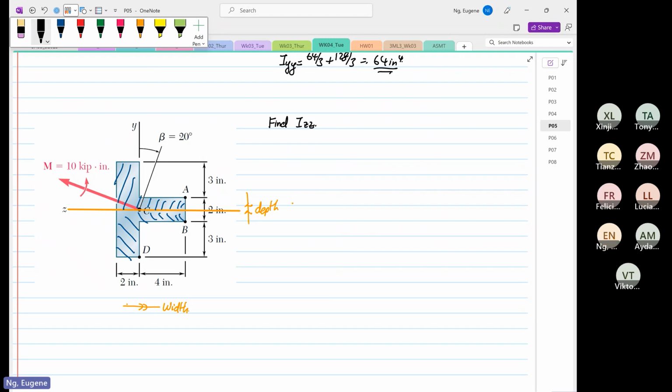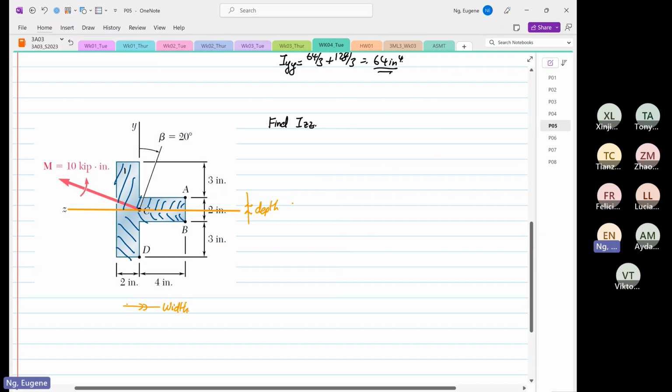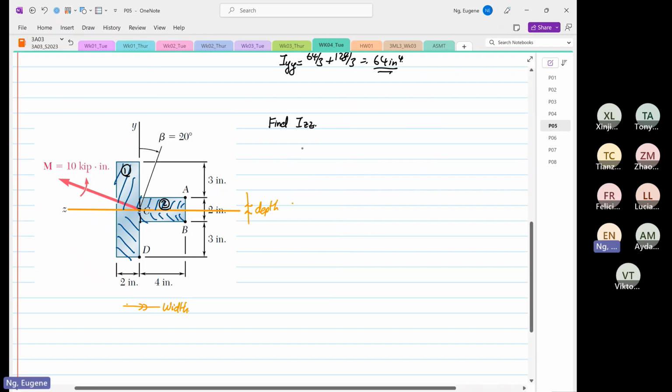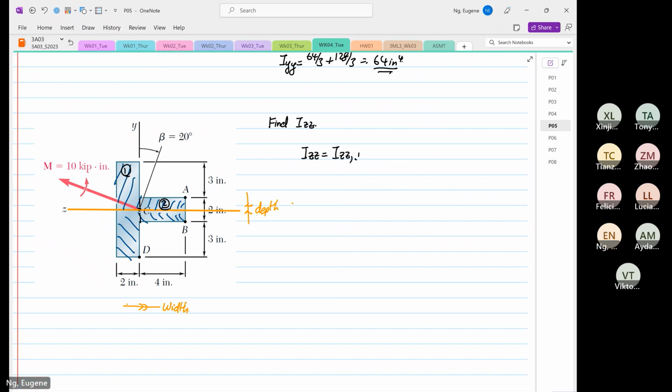Okay. So now I'm going to call this section 1. Again, I'm going to divide the same, section 2. Okay. So IZZ is equal to IZZ1 plus IZZ2.